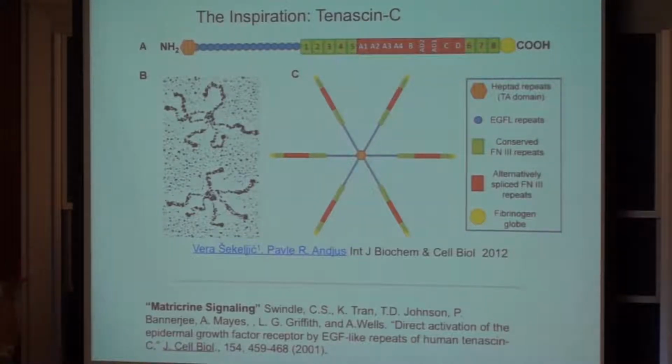So when you have a skin wound at the front where you have the granulation tissue meeting normal tissue, you see tenascin. And it's found in tumors. So a lot of cancers overexpress tenascin. And it's also found in the bone marrow in the hematopoietic niche. So it's a very interesting molecule having to do with proliferation, stem cells, and so on.